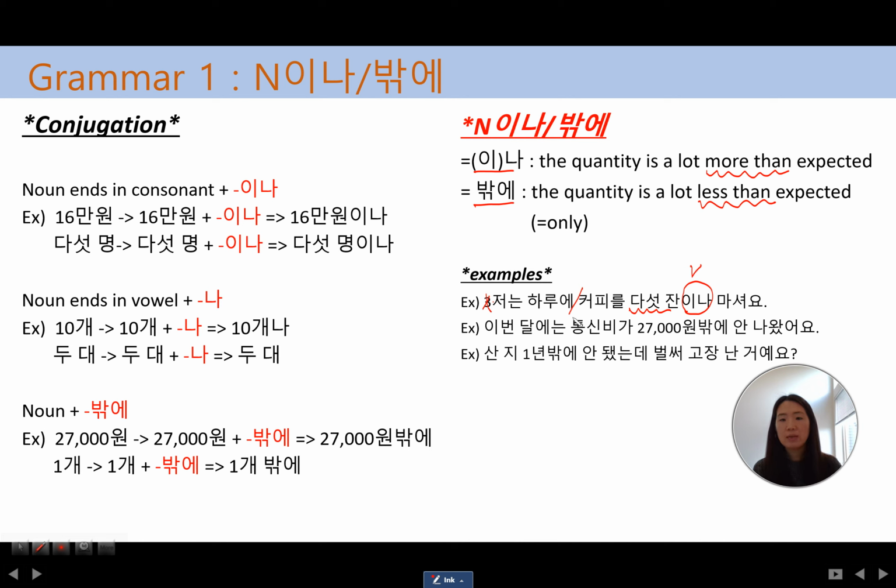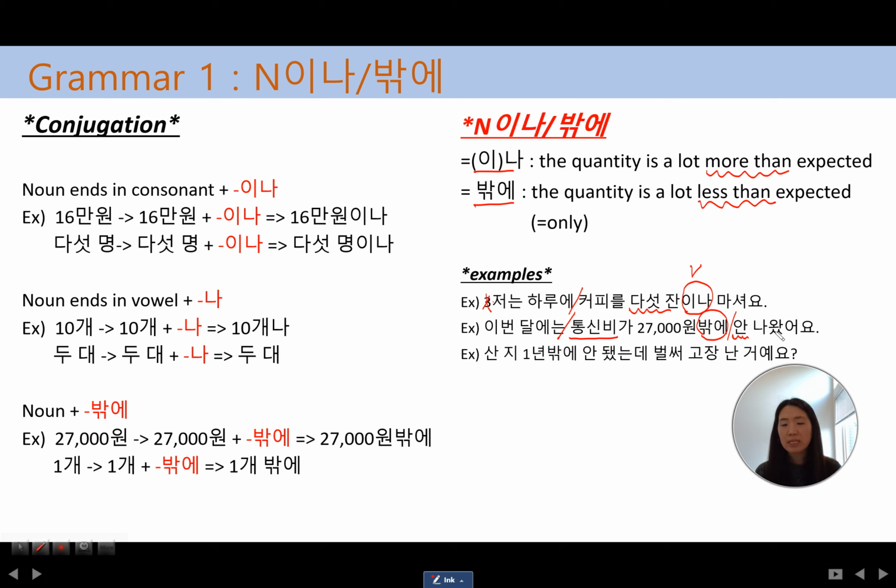Number 2, 이번 달에는 통신비가 27,000원밖에 안 나왔어요. This month, 통신비, it's like the internet expense. 27,000원밖에 안 나왔어요.